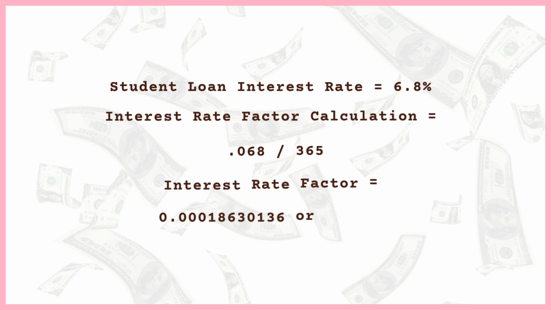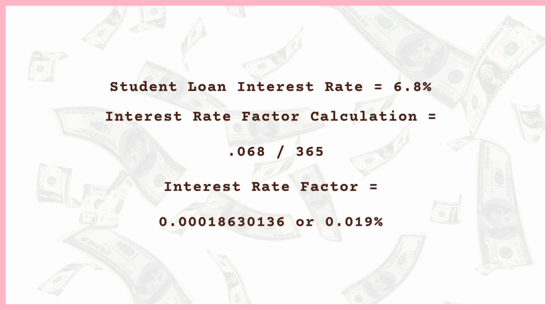How do we calculate the interest rate factor for a student loan that has an interest rate of 6.8%? We're going to take the percentage and then turn it into decimals, essentially just moving that decimal point over to the left 2 times so that we can do the calculation. So it's simply 0.068 divided by 365, which is of course 365 days in a year.